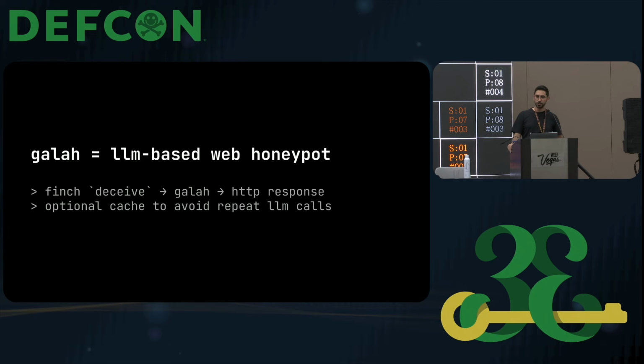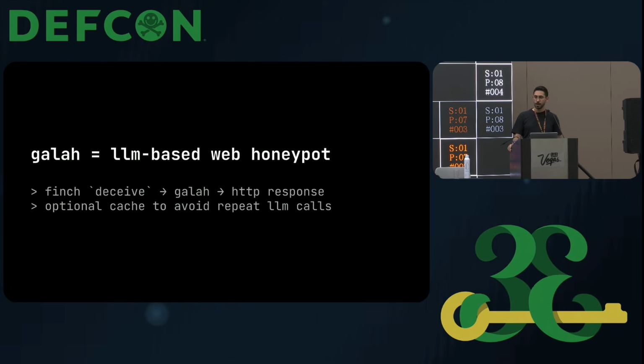So what I do is I use a tool which I released last year, the talk I had here last year was about that, which is an LLM-based web honeypot. Instead of having honeypots generate static responses, I asked the LLM to generate the HTTP response, and it works pretty well actually. I didn't expect that, but it works pretty well, even if you don't use smart models, and it generates the response in less than a second.